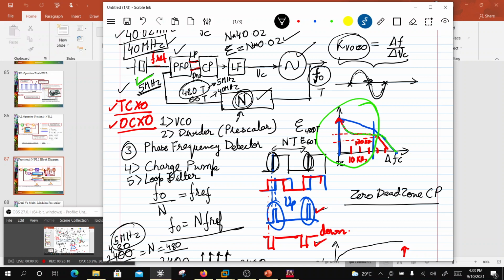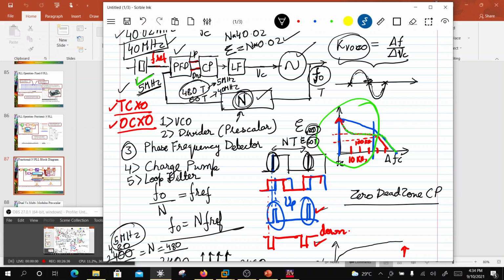Because you have a reference which comes earlier, you make a correction earlier, and you don't allow it to drop much more before comparing. So if the time between the two comparisons by this PFD is separated by 480T, the frequency can deviate more as compared to 60T, where it will deviate less.